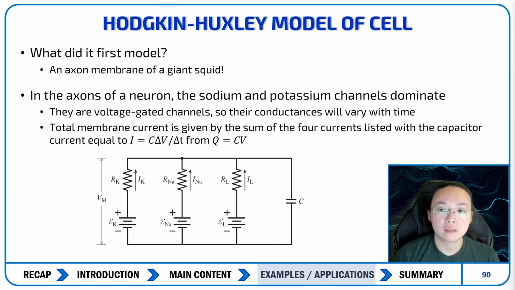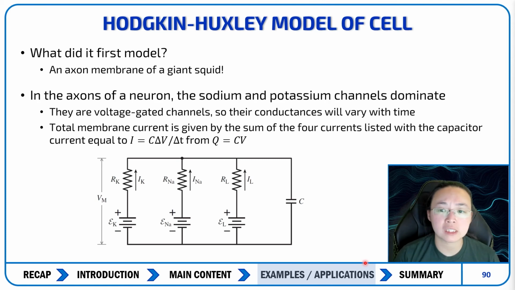Now, the Hodgkin-Huxley model of a cell first modeled the axon membrane of a giant squid, and in the axons of a neuron, the sodium and potassium channels are going to dominate, and that's why they are here. And all the other ions are just grouped together into just L. The total membrane current is going to be given by the sum of all four currents listed, with the capacitor current equal to I equals C delta V over delta t from Q equals CV.